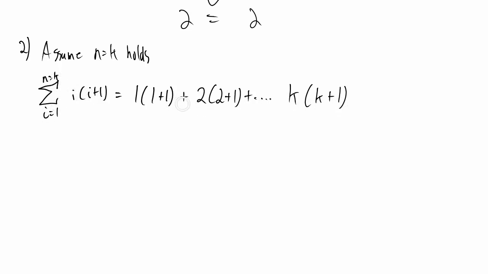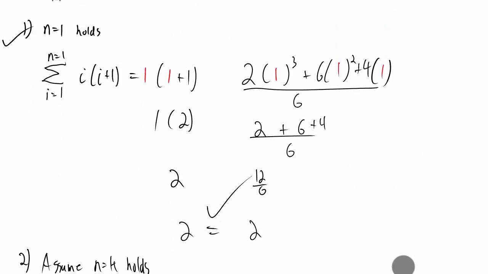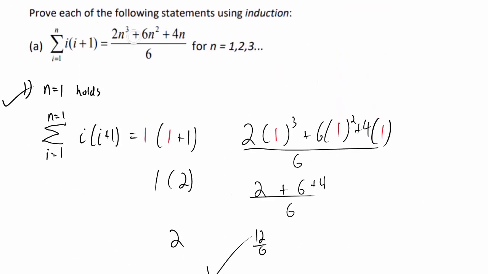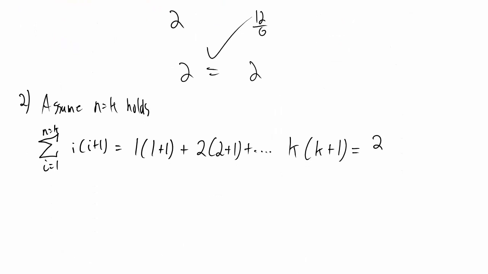So we're going to assume that this holds true, that this is equal to, instead of n squared, so our original had 2n cubed plus 6n squared plus 4n, I'm going to put 2k cubed plus 6k squared plus 4k, all over 6. Again, this is all part of just assuming that the thing we're trying to prove holds true for k.